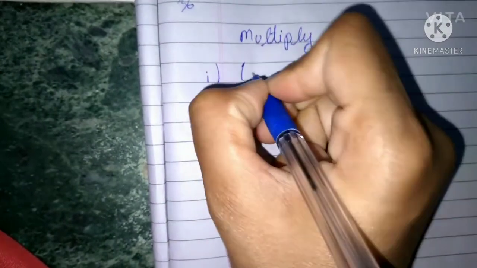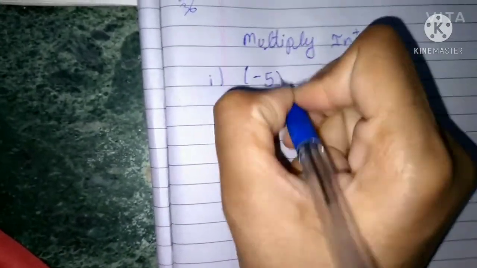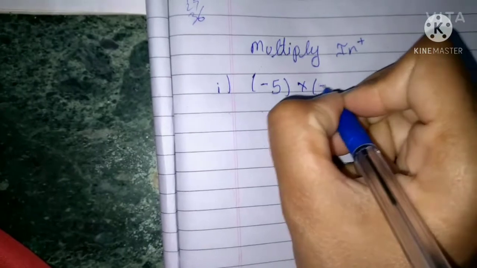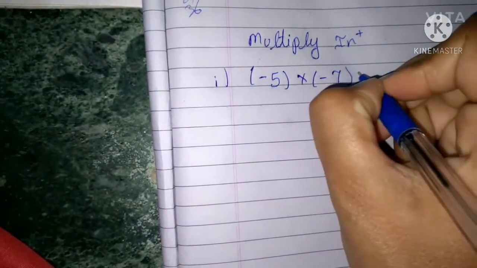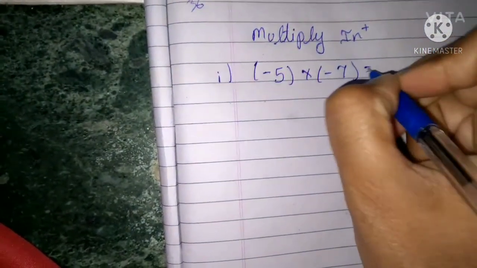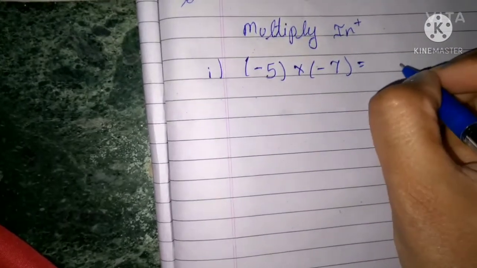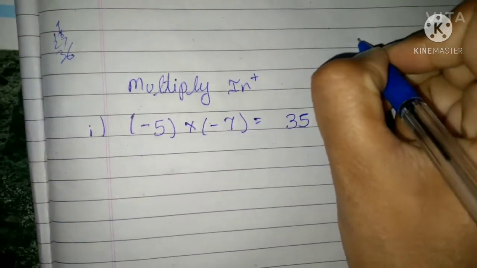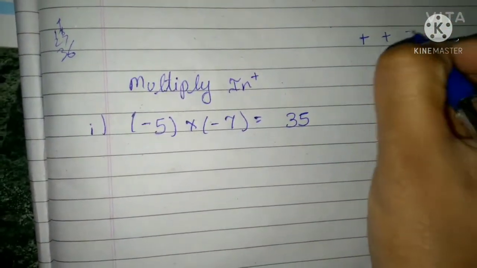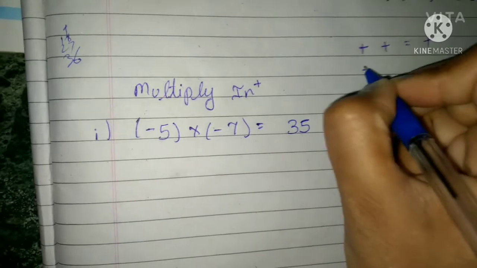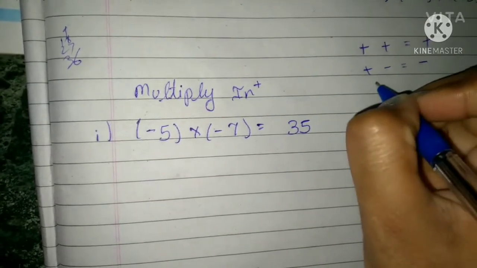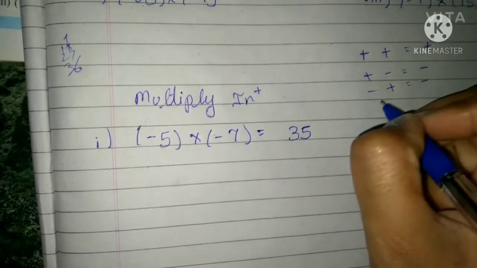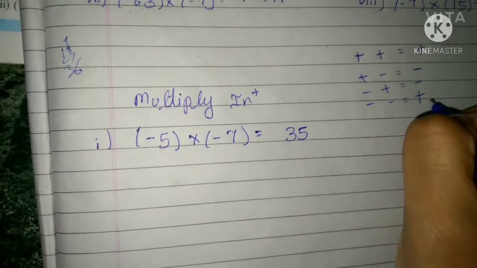First one, -5 into -7. 7 5s are 35, and as I told you all, the signs: positive positive positive, positive negative negative, negative positive negative, negative negative positive.